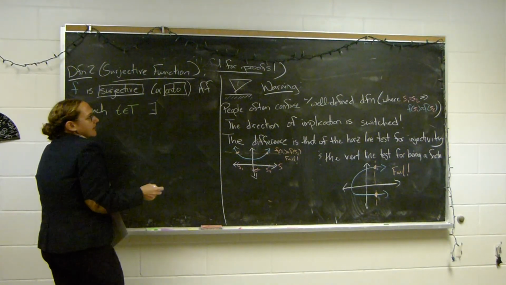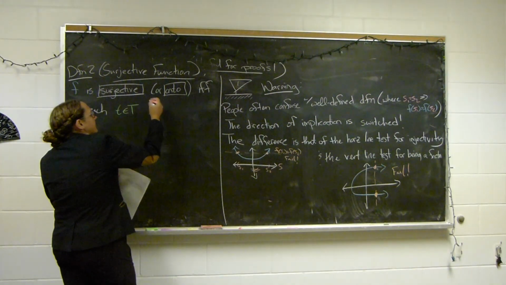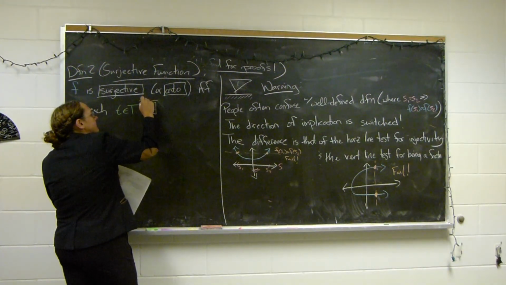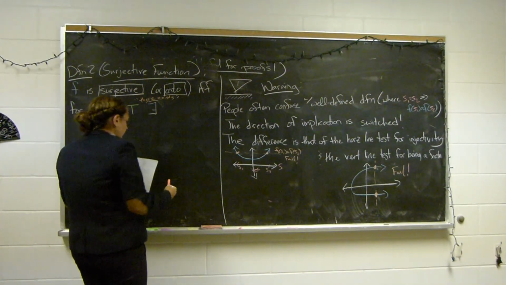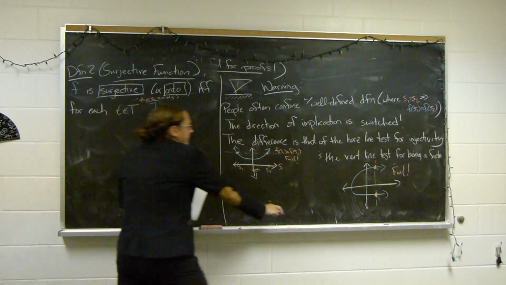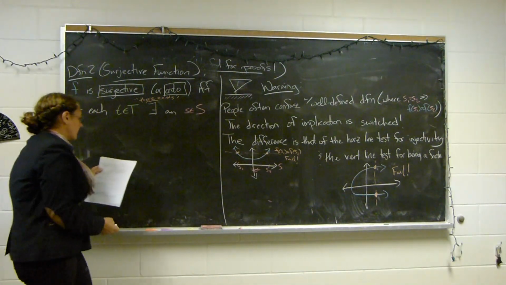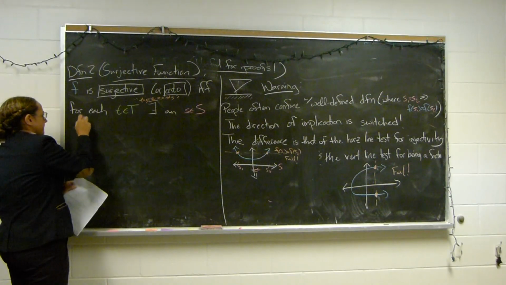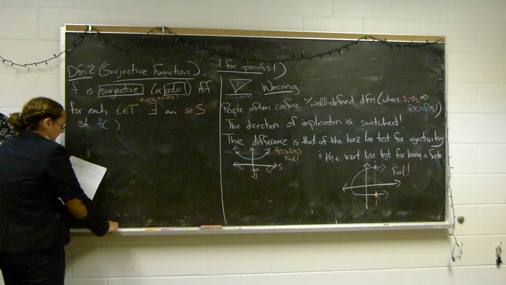The upside down A is for all, and this backwards E means there exists. So for each element of T, there exists an element s in S such that f of s equals t.